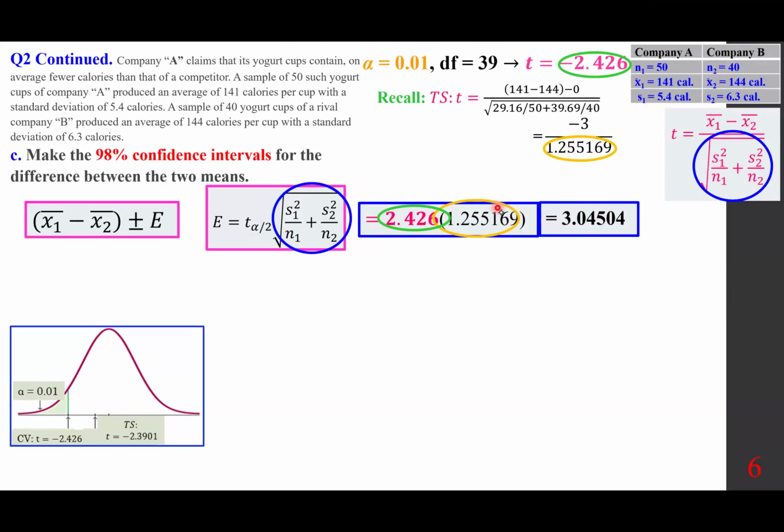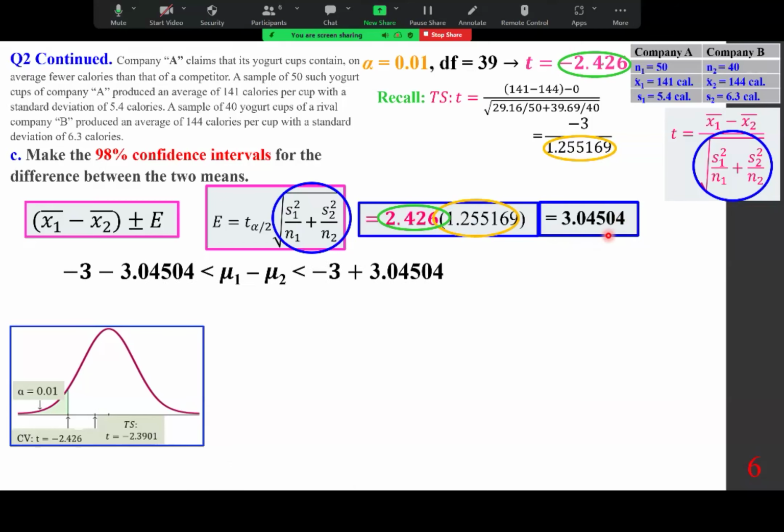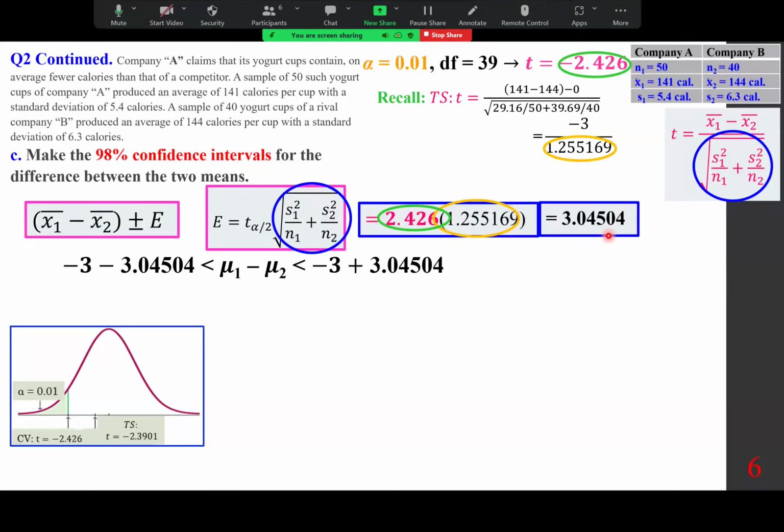And so now, here's the answer. So x1 bar minus x2 bar, if you look at the formula for the numerator here, this is x1 bar minus x2 bar. So minus 3 plus minus this number. So mu1 minus mu2 is between negative 6.04504 and 0.04504.